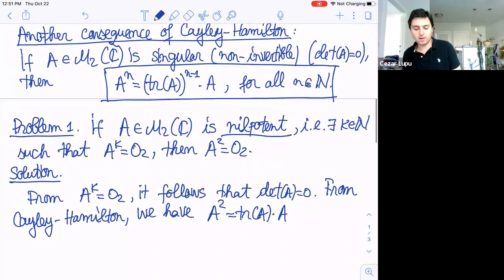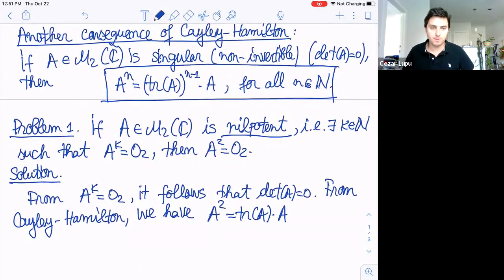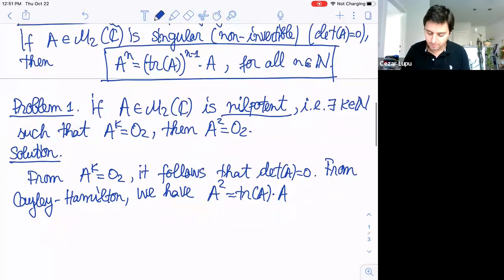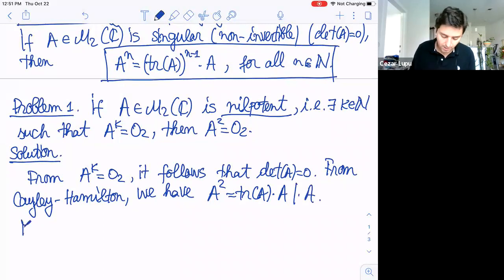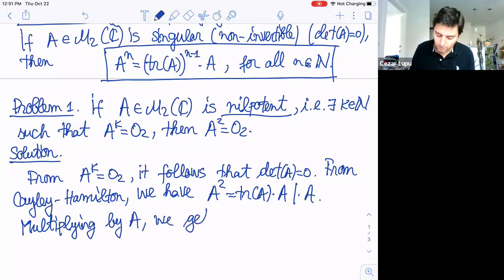Well, we have actually the consequence above. And now guess what? We're going to multiply by A over and over again. So now multiply by A. So multiplying by A, we get, let's see, what do we get?